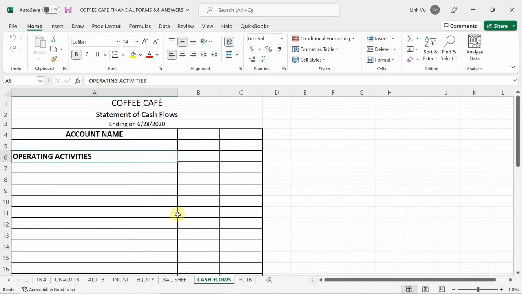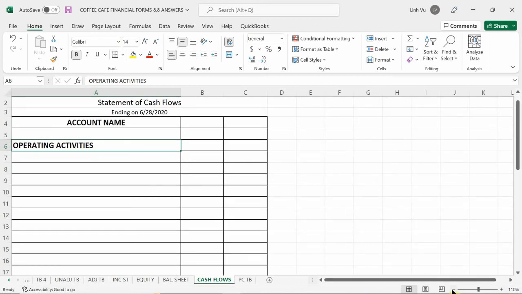So how we break down our statement of cash flows is literally by breaking down our balance sheet, and also including our income statement, which is going to have that net income. Starting with the very first one here, let me make this a little bigger.